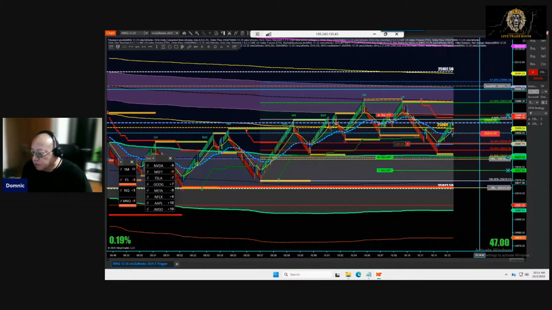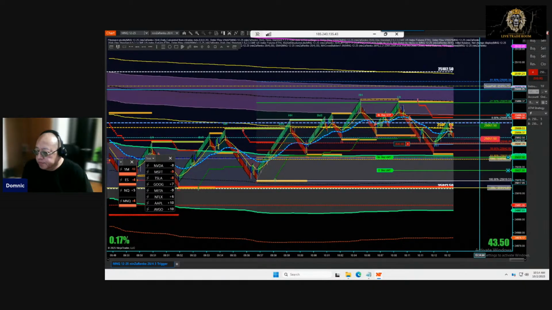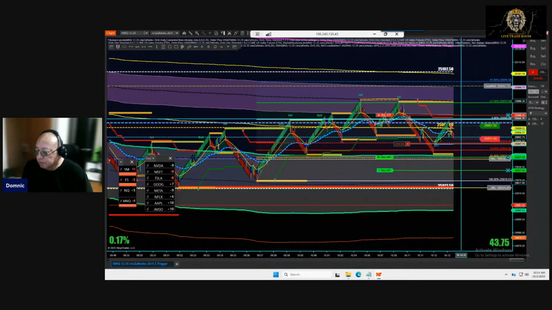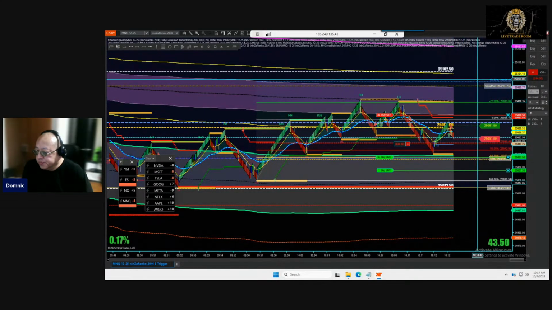There's the reversal bar. Let's see they continue coming down. They're bouncing off the midnight open right there.